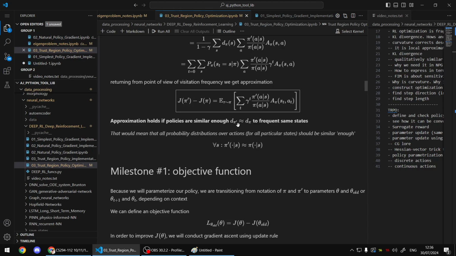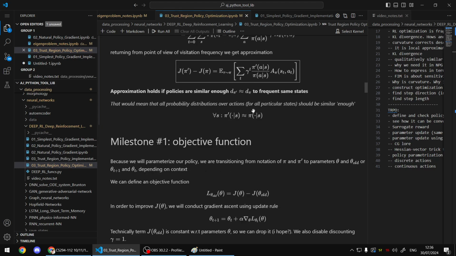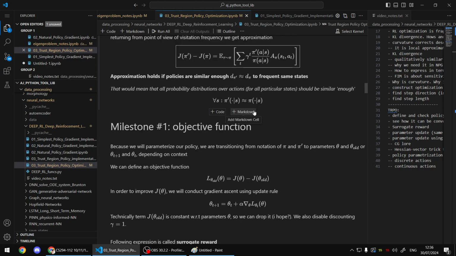And actually, this is the point where the KL divergence comes into play, that we will have to compare KL divergence for a particular state, at least all the states that we've gathered over trajectories, and over the actions, just to know that they're similar.